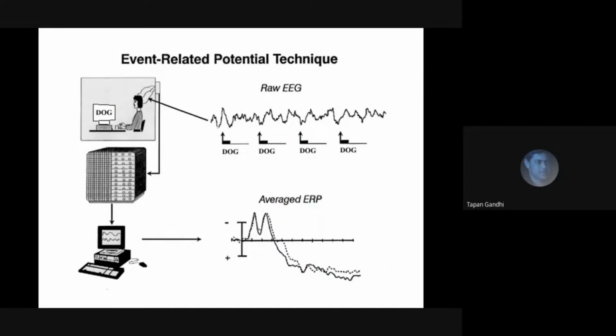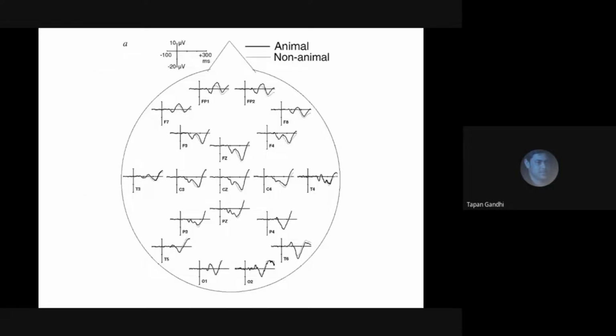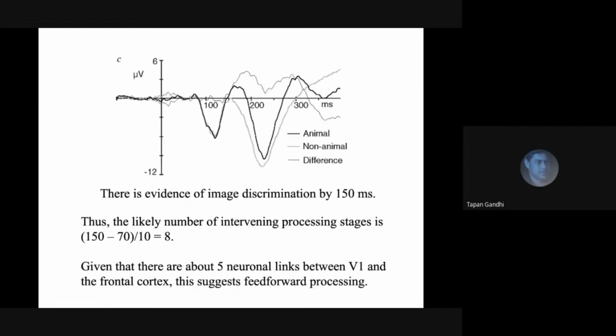After collecting the EEG, you have to do time-locked averaging, and then finally you can get this ERP plot. In this picture you can see, from each region of the brain, a few sensors being shown here, and these are the ERP plots. From this animal and non-animal experiment, what they found is that there is evidence of image discrimination by 150 milliseconds.